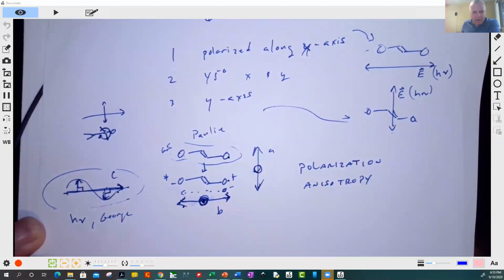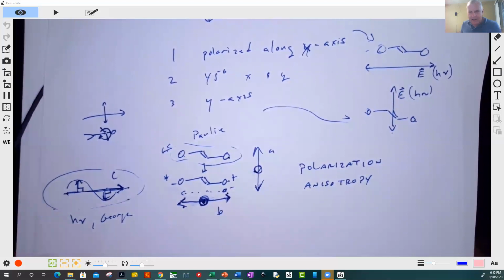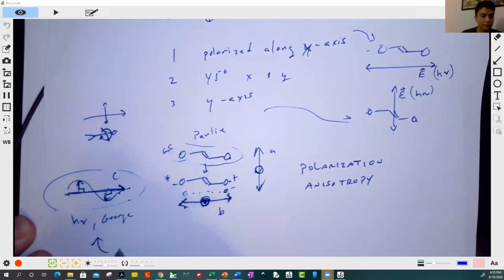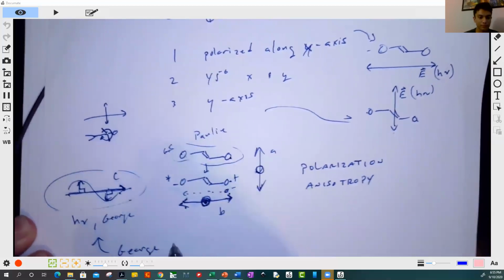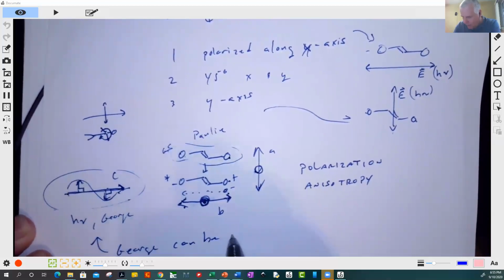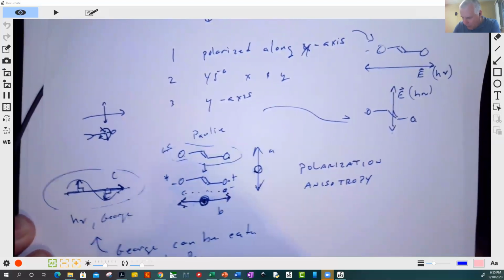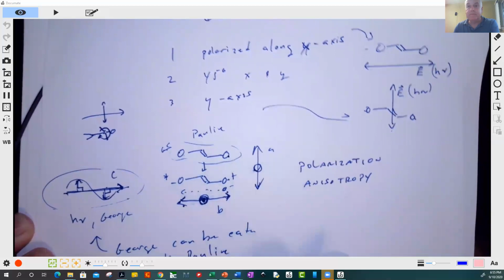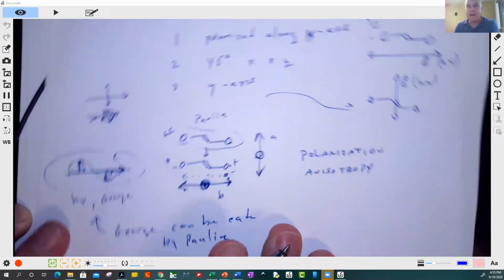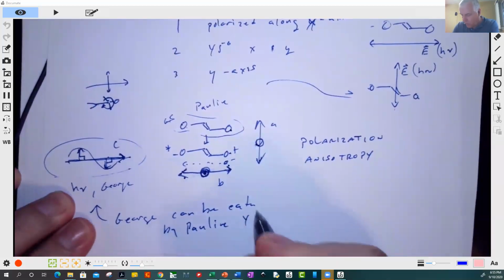And so everybody's going to vote now in chat. Yes or no, can that photon C, George, be eaten by Pauline? Yes or no, vote.